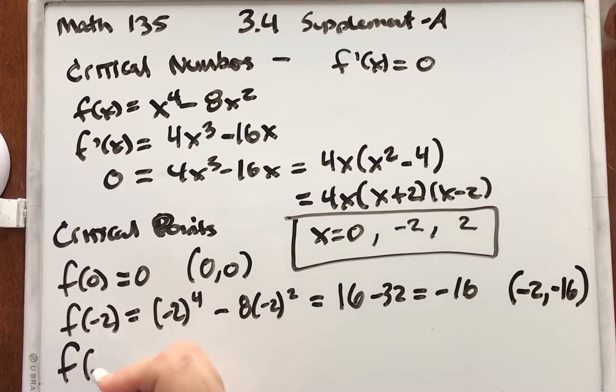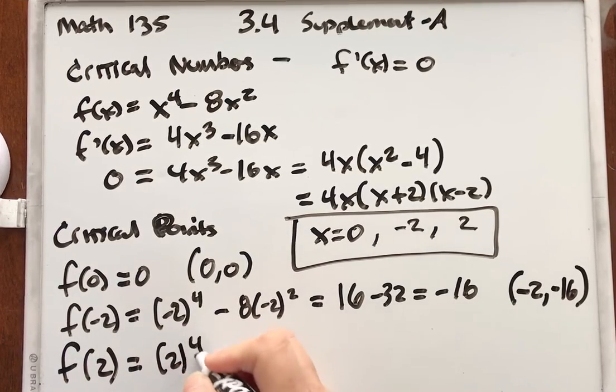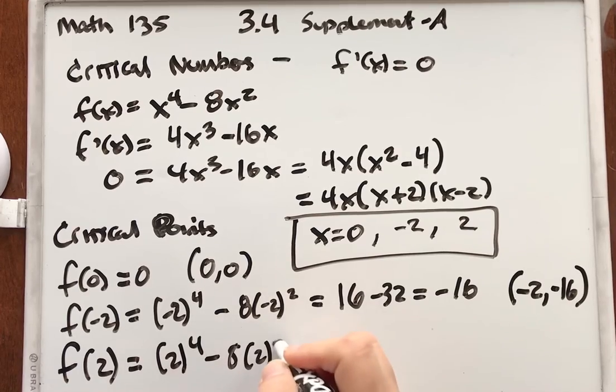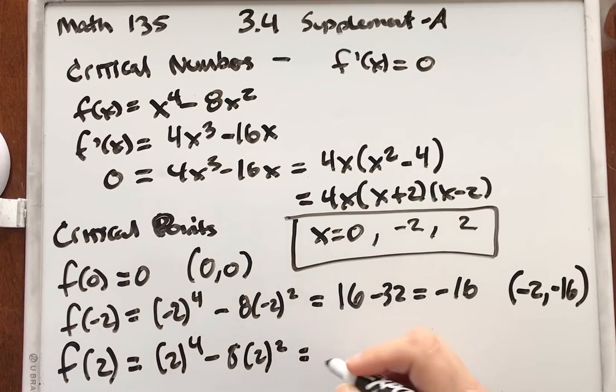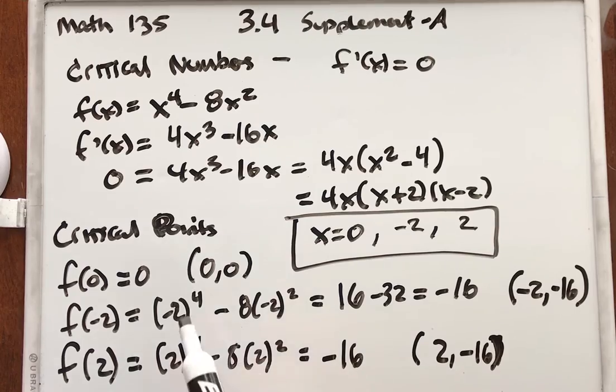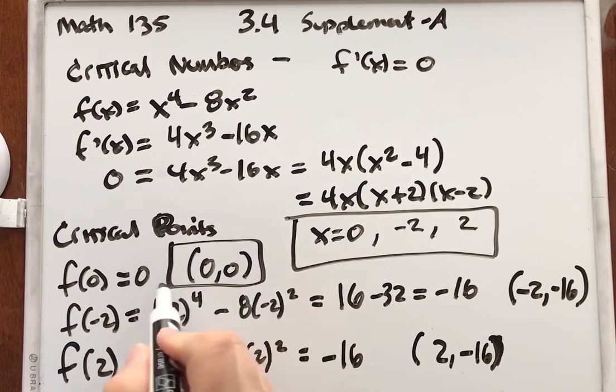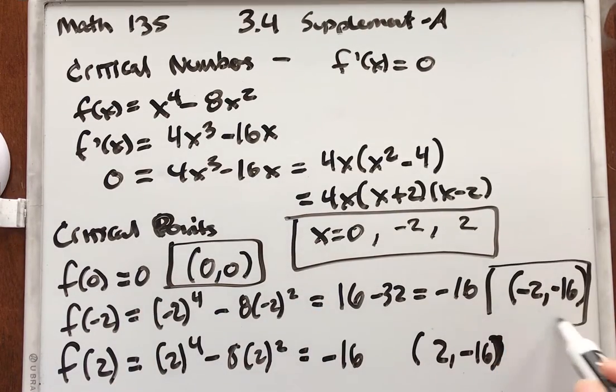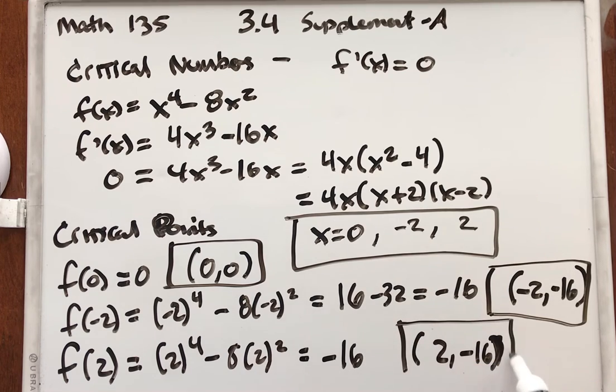We put it into our original equation to find out what our critical point is. And we're going to have the same thing, negative 16. And so we have (2, -16). So these are our critical points. This is what we would put on our graph. All right, let's continue.